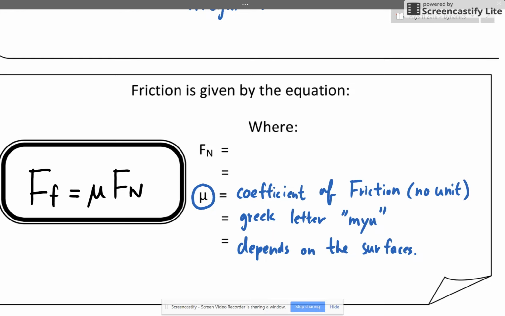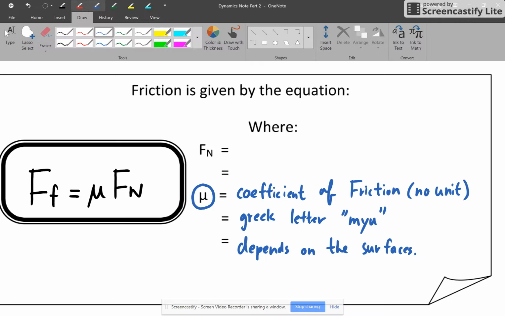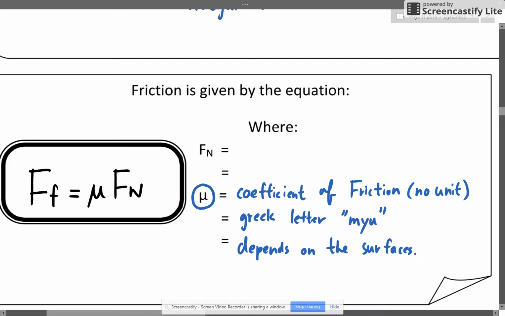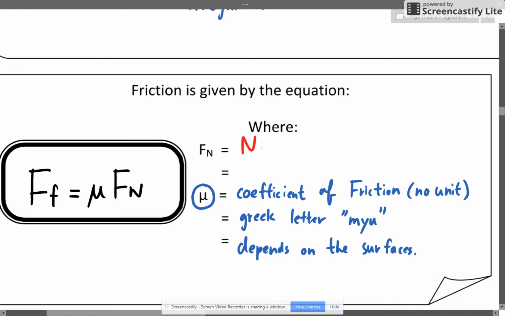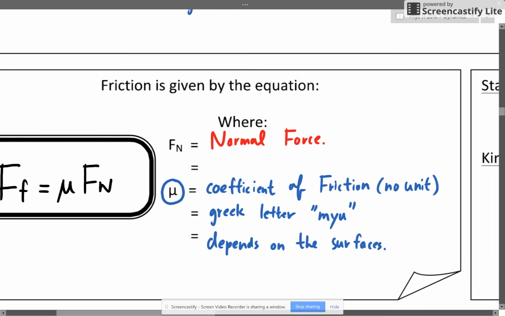Now, what about Fn? So friction depends on, number one, the mu, and number two, Fn. So what is the Fn? Well, Fn is our very familiar normal force from the past few classes, right? So that's the normal force. Someone asked me, I think two classes before, is it always equal to gravity? And the answer is no, right?